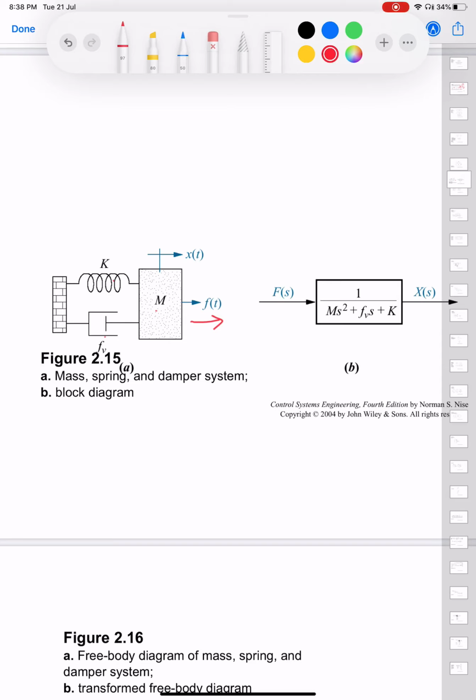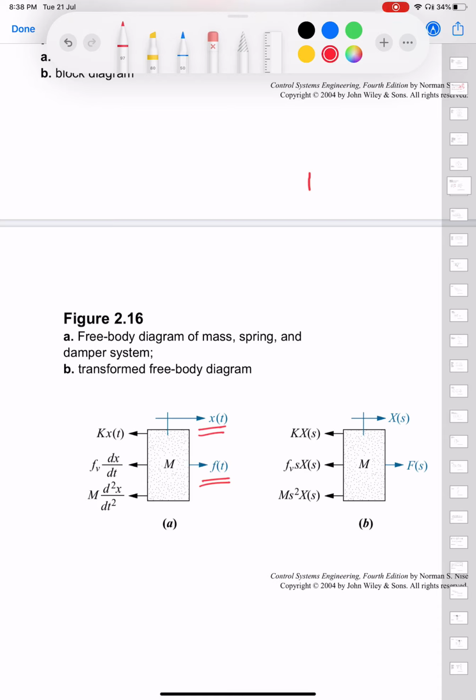So basically, if you look at it from the mechanics perspective, you have a force here that you're applying in the forward direction, and there is a displacement also, say, in the forward direction. And if you want to draw the free body diagram, you have a force applied by the spring, because the spring is going to counter the displacement in the positive direction. So the spring is going to exert a force here like this.